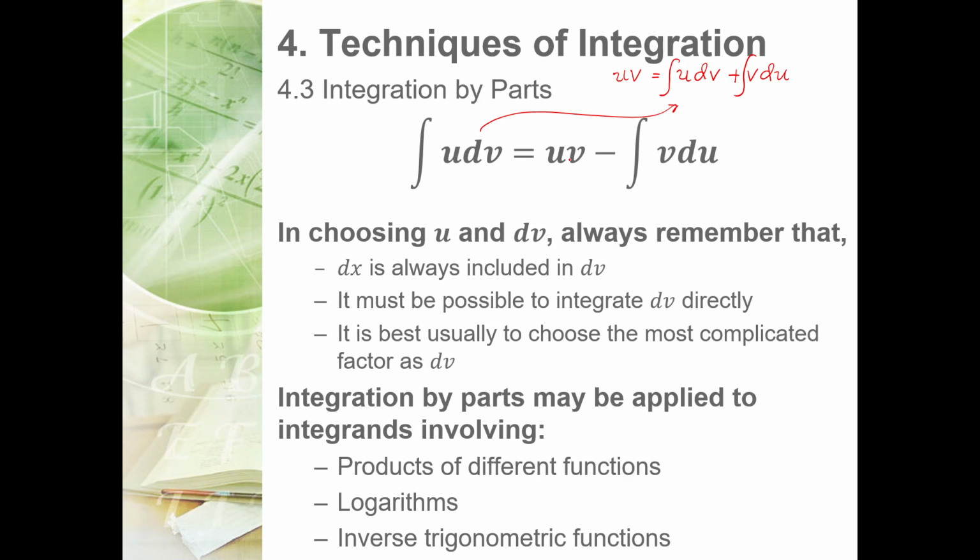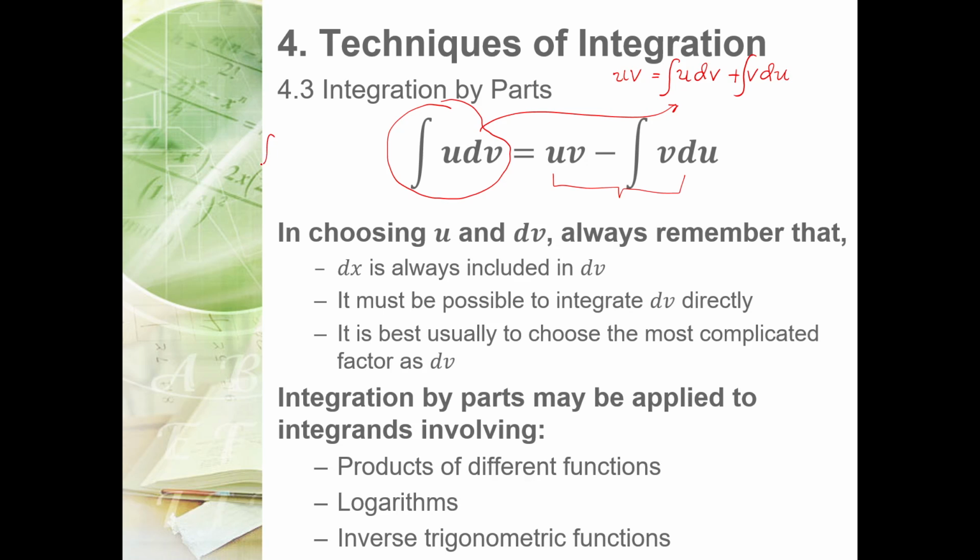I think this one is an easy process because you just have to determine u and then determine dv. What's important here is you want to achieve this portion on the left side. The right side is the outcome of the formula, the answer of the formula.